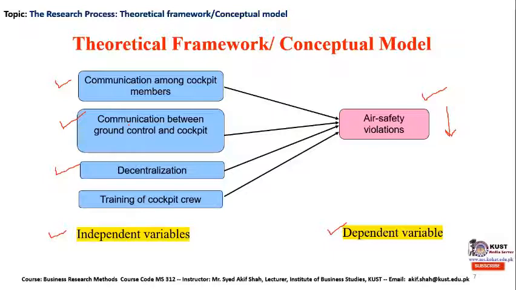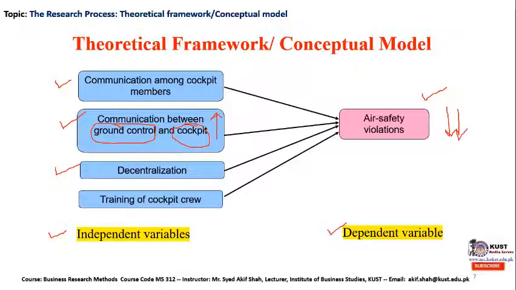If the communication between the ground control tower and the cockpit crew is good enough, that is, there is an increase in the coordination between the ground and cockpit members, then ultimately there will be fewer air safety violations.